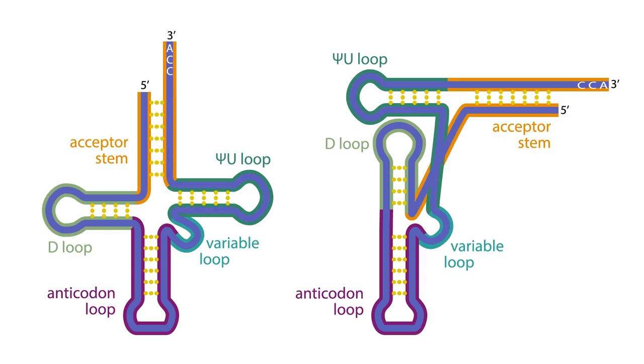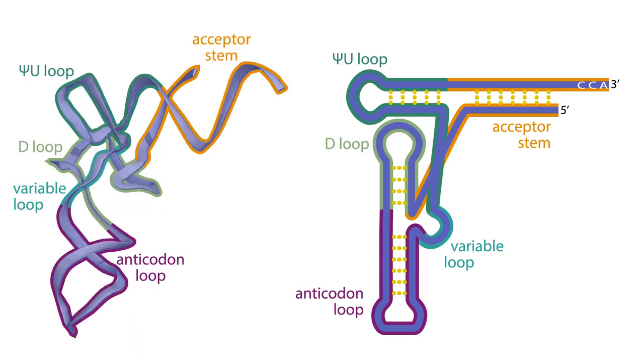What this gives you is this L-shaped molecule, and you're able to now have a more compact form than this open cloverleaf structure, which is really only used when you want to write out the bases and look at it as really discrete entities. This is actually a graphical representation of an actual tRNA structure.